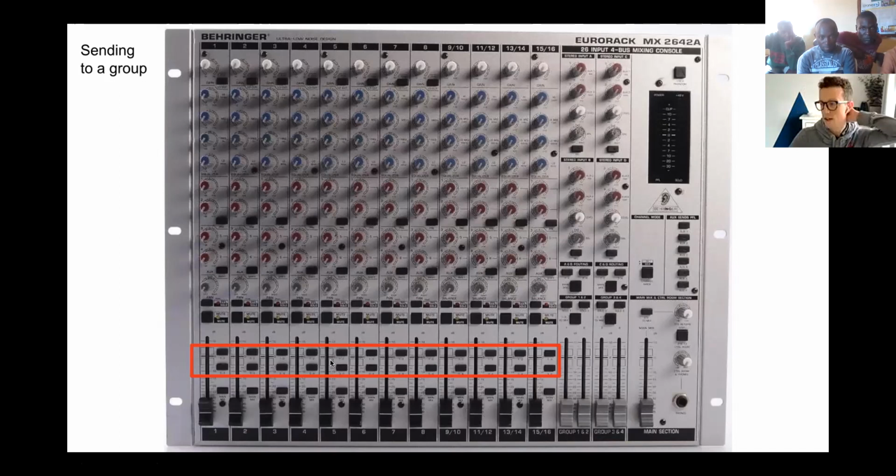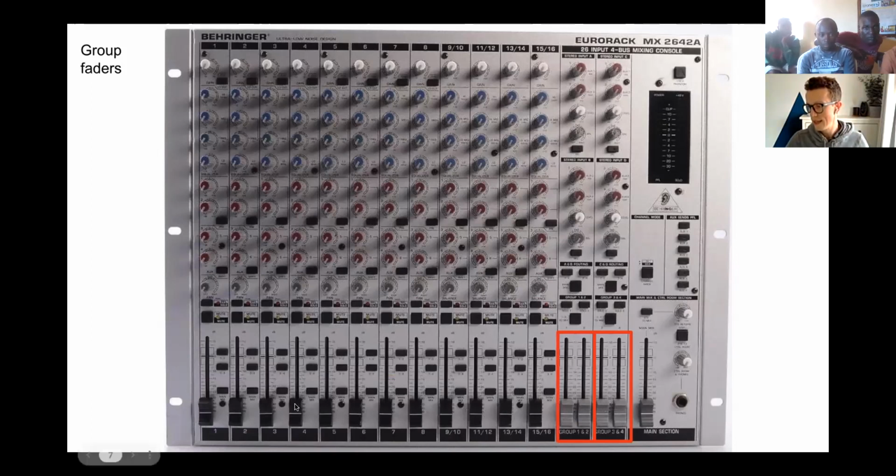The only thing to be aware of is that these ones would control, let's pretend these are your vocalists and these are your instruments, the black faders, and they won't work until you have these ones pushed up.